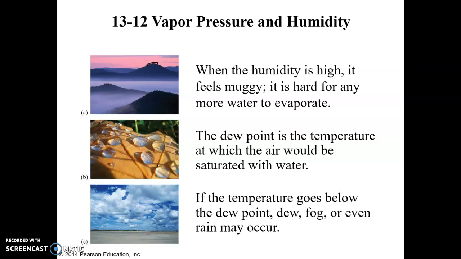Dew occurs overnight because of the temperature drop, and vapor in the air turns into these water molecules. And of course, rain occurs when the vapor in the clouds, when its temperature drops, turns to water and falls to the earth as condensation.